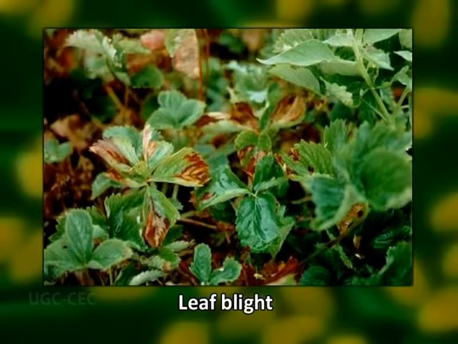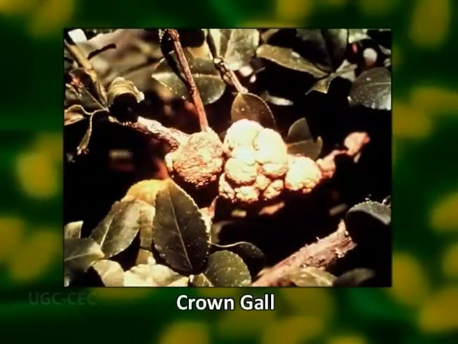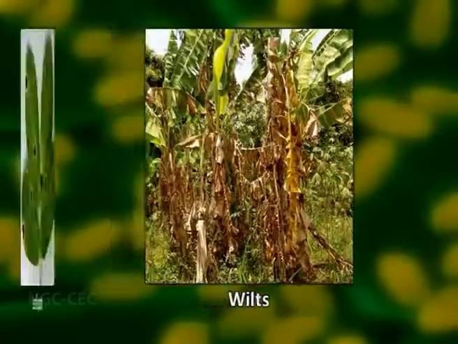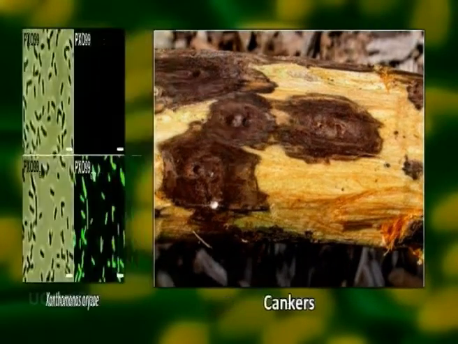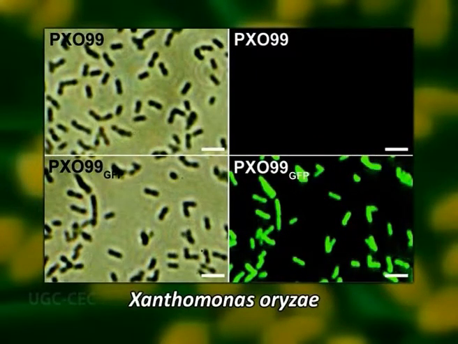The common diseases caused by bacteria include bacterial leaf blight, root rots, crown gall disease, wilts, leaf spots, cankers and many more. The bacterium Xanthomonas oryzae causes leaf blight of rice, therefore damaging the rice crop in the fields.